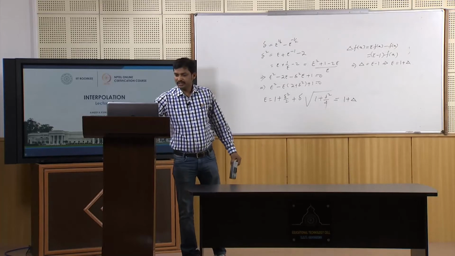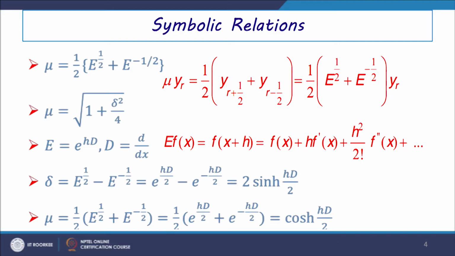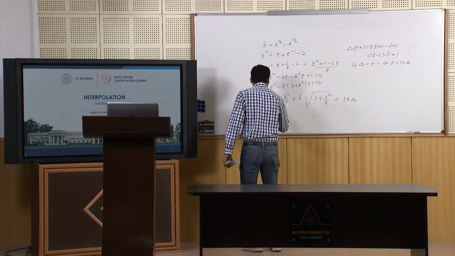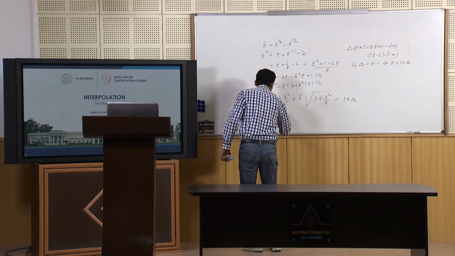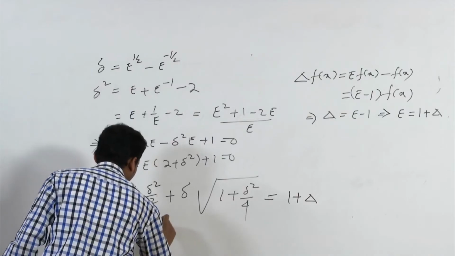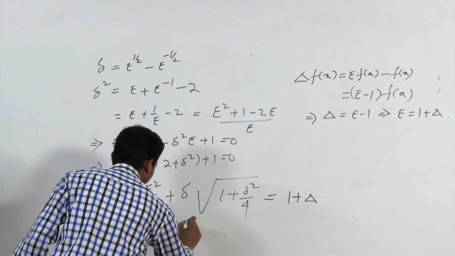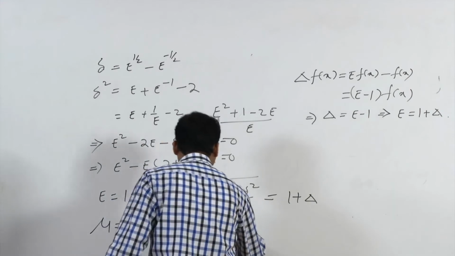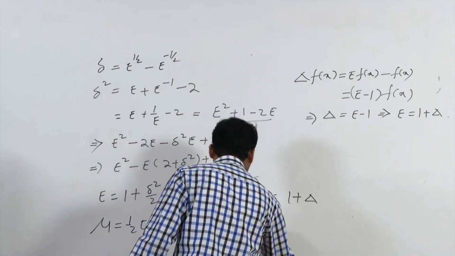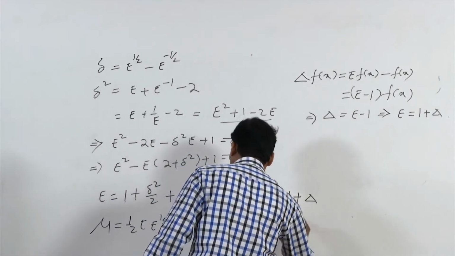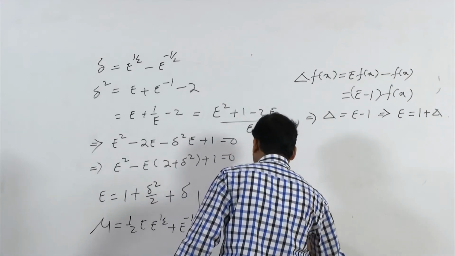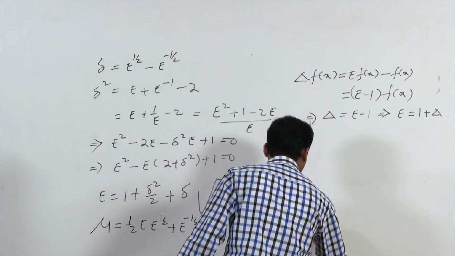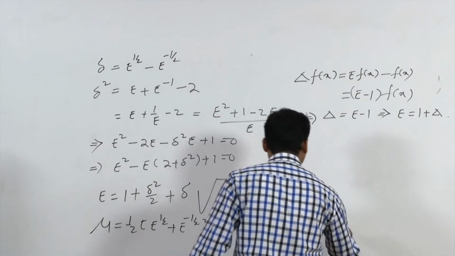Next, if we want to express this in the form of an average operator, we can express the average operator as mu equals half of E to the power half plus E to the power minus half. If we take the square on both sides, it can be expressed as mu square equals 1 by 4 times (E plus E to the power minus 1 plus 2).